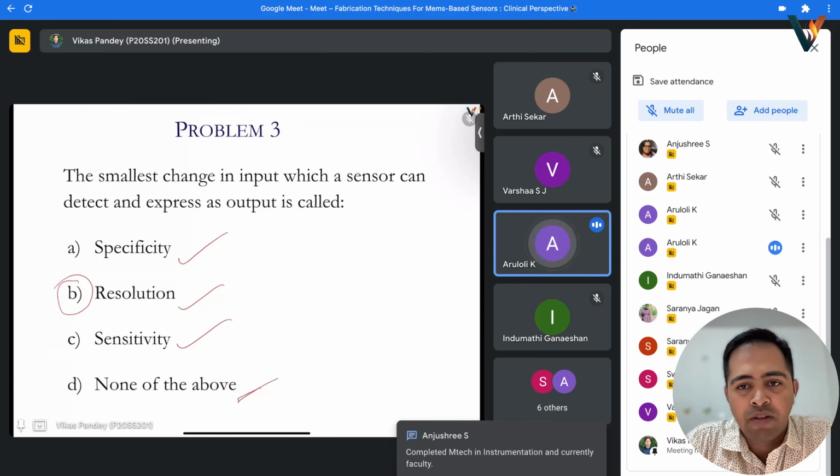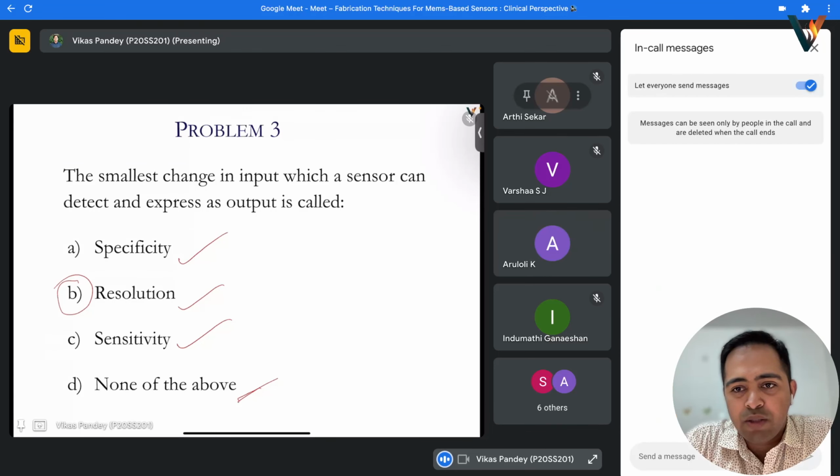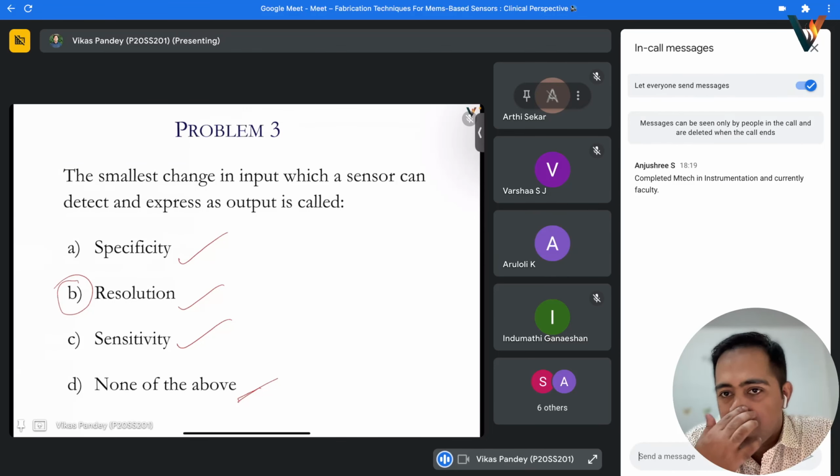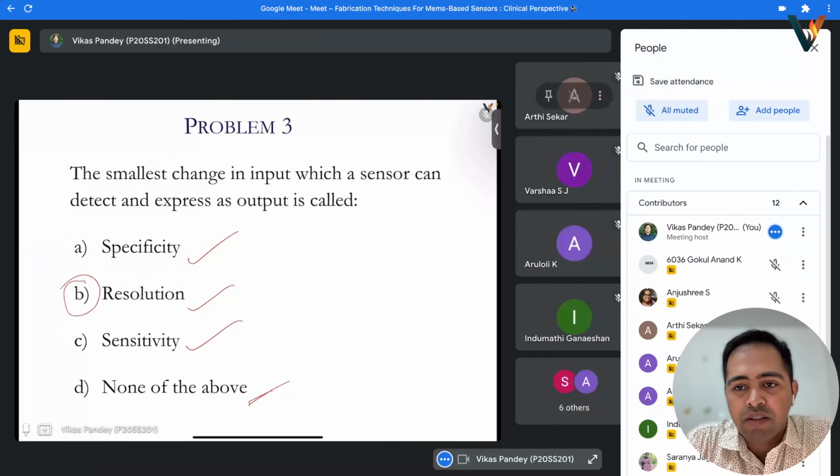Okay, great. So you must be aware of these basic things, right? Okay, great. Someone has responded on chat also. I think Anjusri completed MTech in instrumentation and is currently working. Great. Okay.